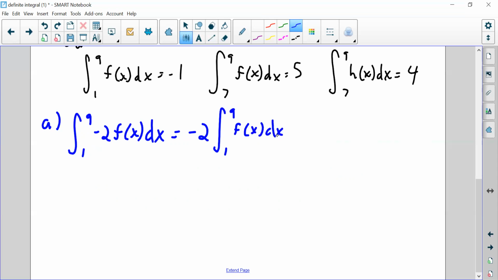And that happens to be information that was given to me. So I can substitute in, I know that integral is -1. And so I take that -1 times the constant -2, and I get an answer of 2. So that's how you would use the properties in something like that. That was the constant multiplier.